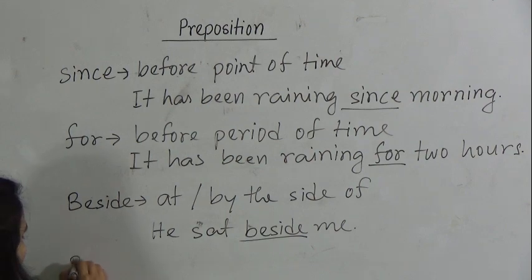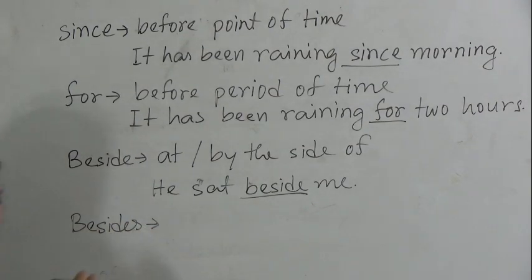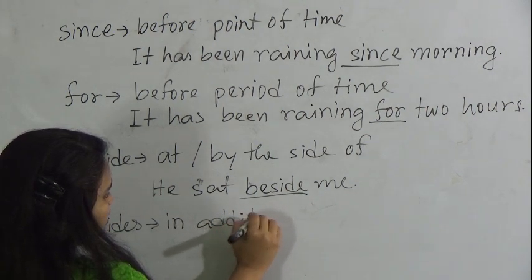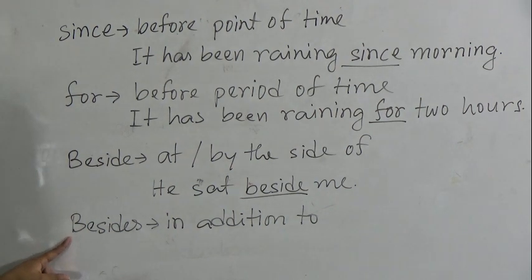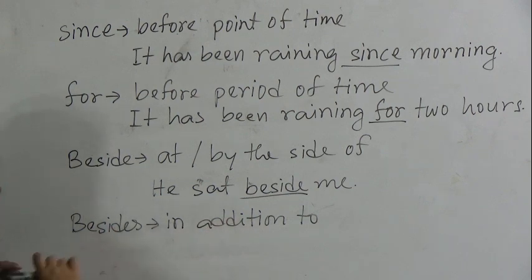And when will you use besides? We use besides to indicate in addition to. So if you want to express in addition to, you will use besides. Let's have an example.